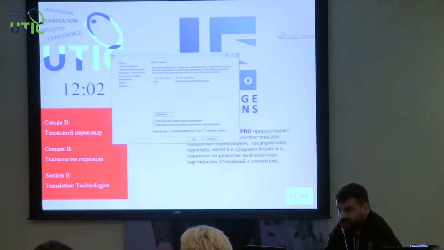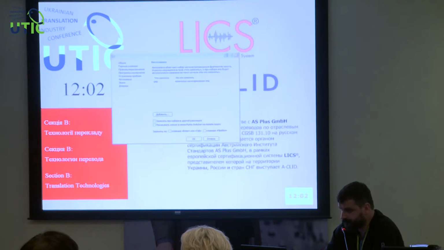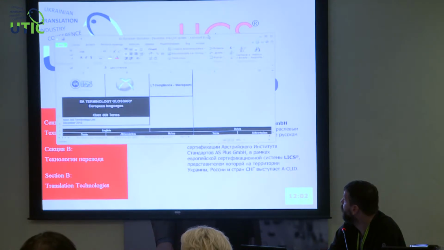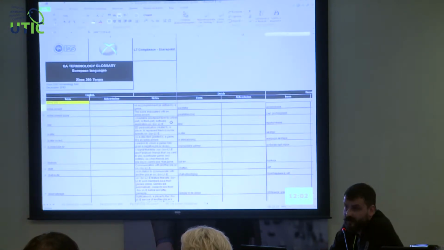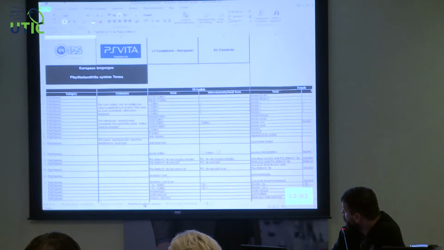As you all know, the clients provide the glossary in XLS format in 2 columns, in the best case. So, as an example, a glossary compiled by Electronic Arts Company. If we use some term incorrectly, they actually get very upset about it.